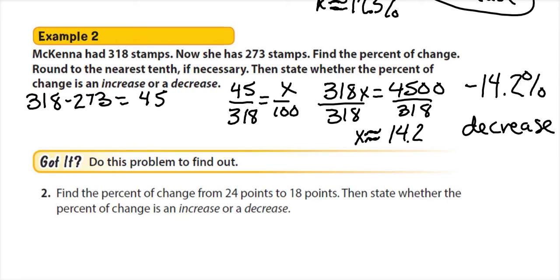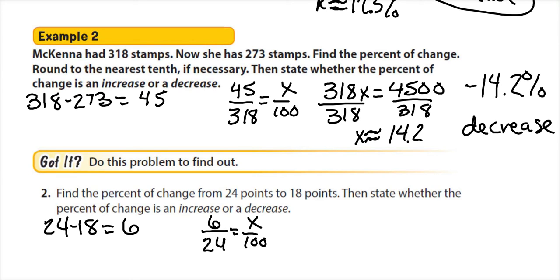All right, let's go ahead and take a look. It says find the percent of change from 24 points to 18 points and state whether the percent of change is an increase or a decrease. So first we have to find the change. That's 24 minus 18, which is 6. So the change is 6. The original was 24, equals x over 100.